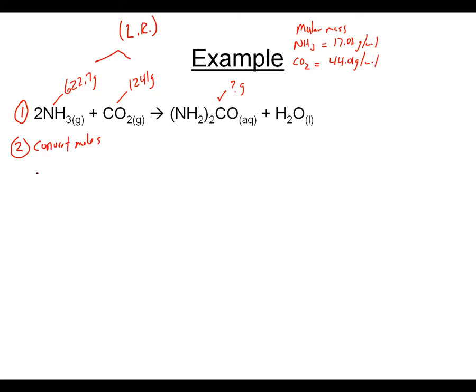So taking each of our reactants, using the molar mass, which if it was not provided for you, you would find on the periodic table. And again, same thing with the CO2. If it was not provided for you, the periodic table is where you would go get that.